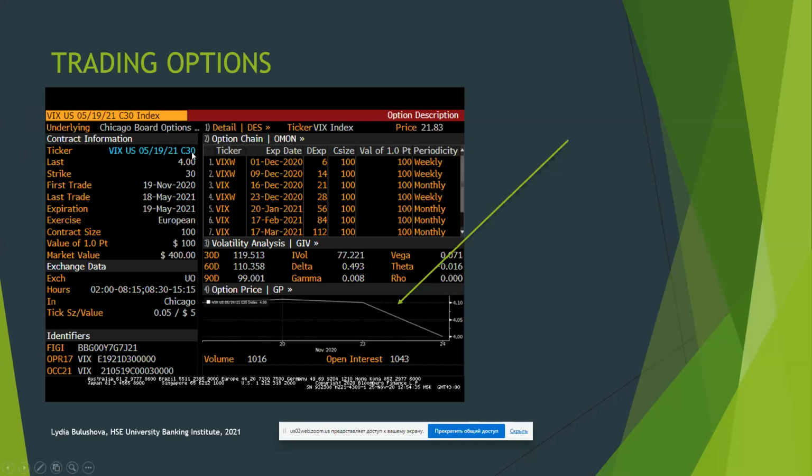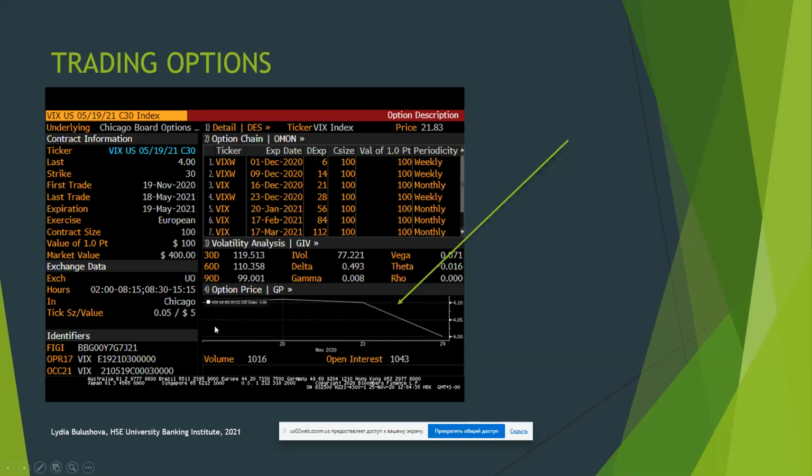C30, 30 means the strike. Last trade, expiration. So this is May 2021, the VIX option.